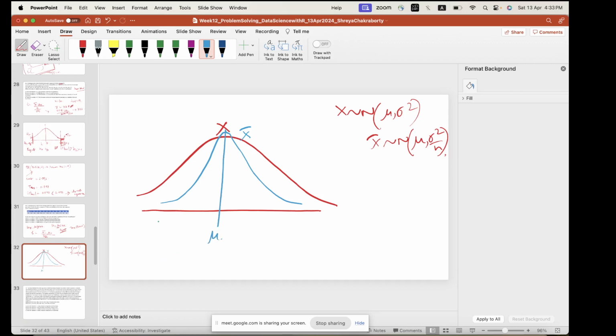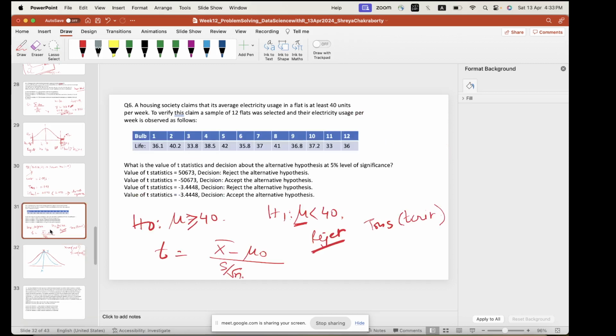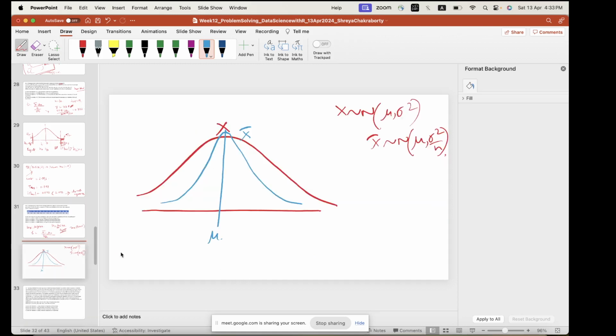Now if x bar is close to mu, it means the difference is 0. What you are trying to say is that x bar should be greater than or equal to 40. Alright, so let's say this is your mu equal to 40. You are expecting x bar to be greater than or equal to 40, something over here, such that this difference you are trying to quantify.